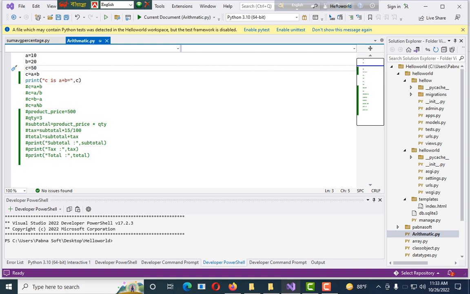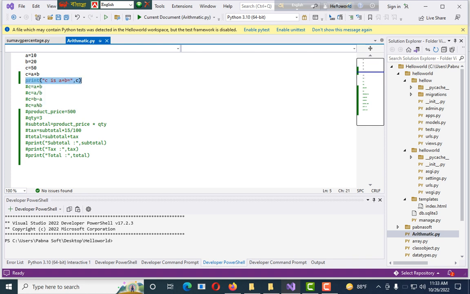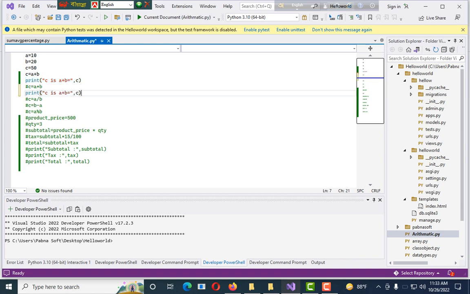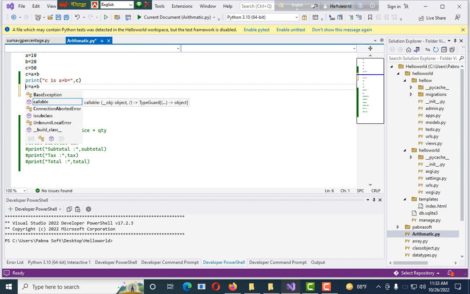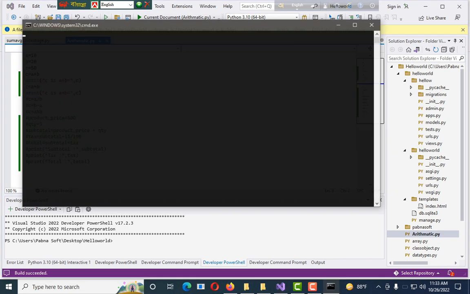Now multiply. We can multiply a into b. A multiply b, c equal to a multiply b.